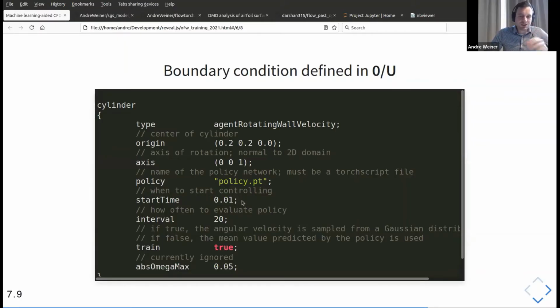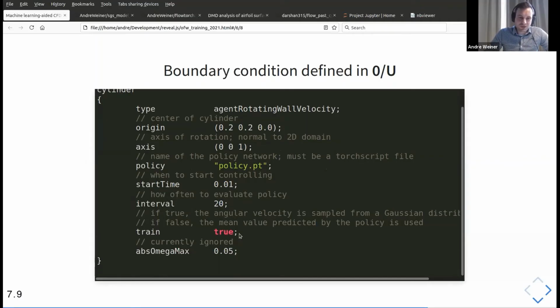During the training, we will prescribe this to make the controller more robust to the state in which the control actually starts. We can set the interval, how often, after how many time steps the policy is evaluated again. And finally, there's a Boolean switch to switch the training on and off. So if train is true, then we will sample our next action from the Gaussian. And if train is false, then we will just take the mean value.